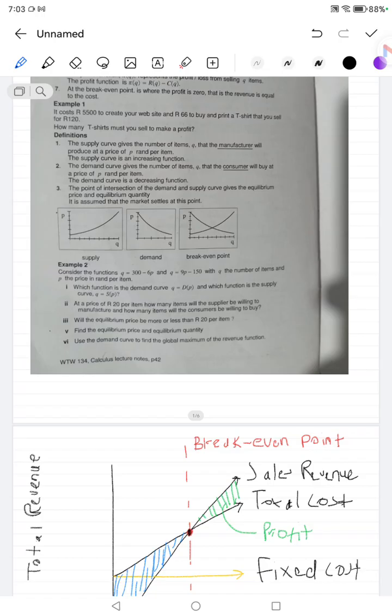At a price of per item, how many items will the supplier be willing to manufacture, and how many items will the consumer be willing to buy? Okay, it means let me just check that.